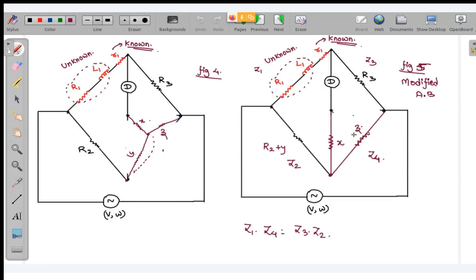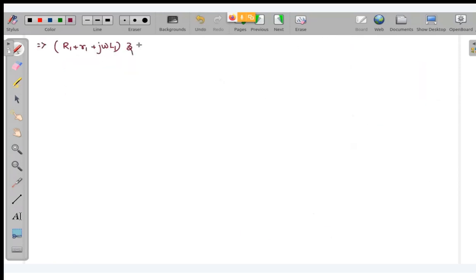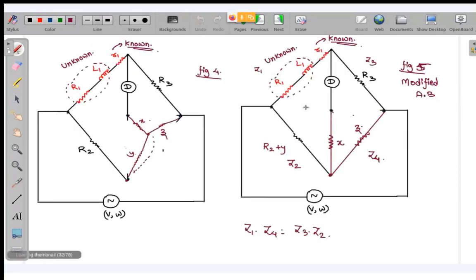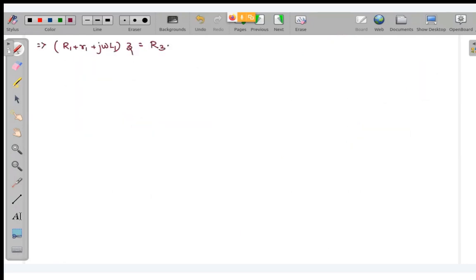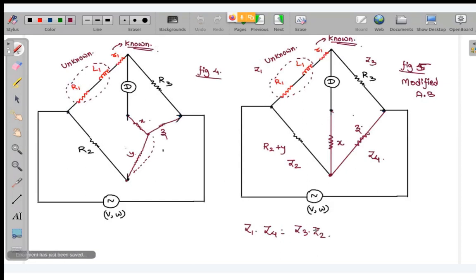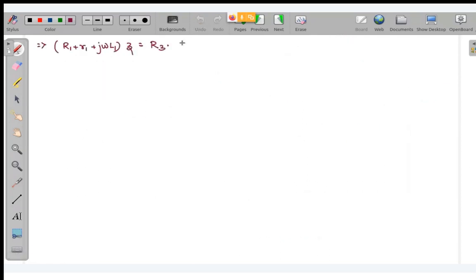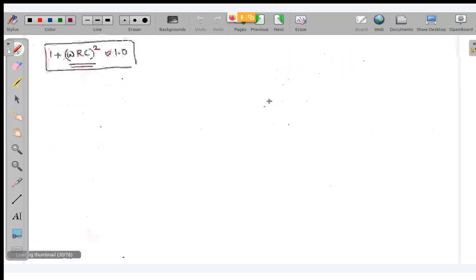Into Z4. So Z4 is Z, is equal to Z3 into Z2. Z3 is R3, and Z2 is R2 plus Y. Now let us put the values of Z and Y. So R1 plus j omega L1, what is the value of Z?